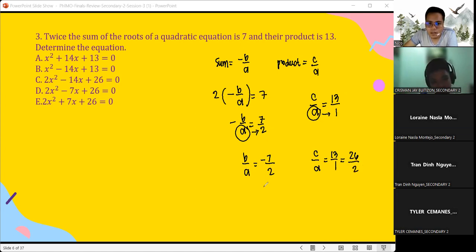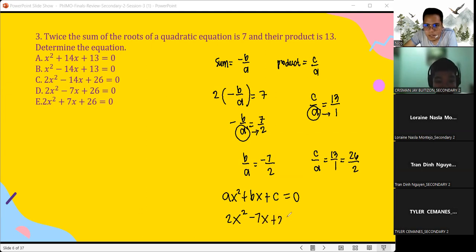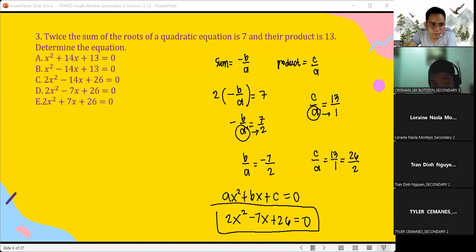So how does it play with ax squared plus bx plus c is equal to 0? So this is now 2x squared minus 7x plus 26. So the answer here, what letter is this one? Letter D. So D is the answer.